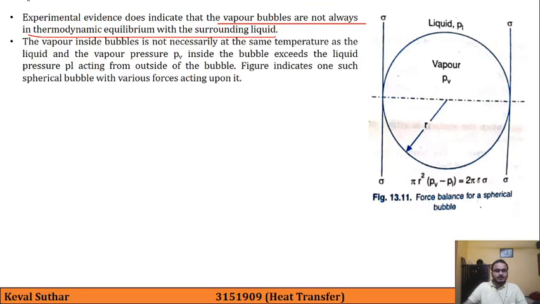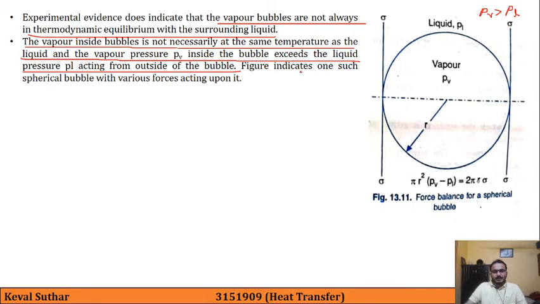The vapor inside the bubble is not necessarily at the same temperature as the liquid, and the vapor pressure PV inside the bubble exceeds the pressure PL acting outside the bubble. So here PV is greater than PL.